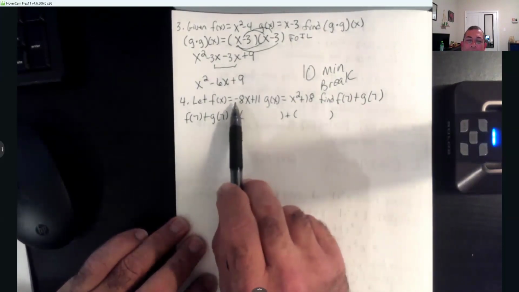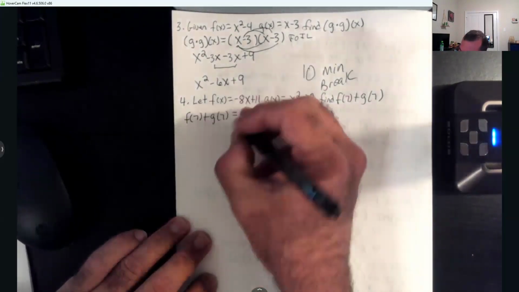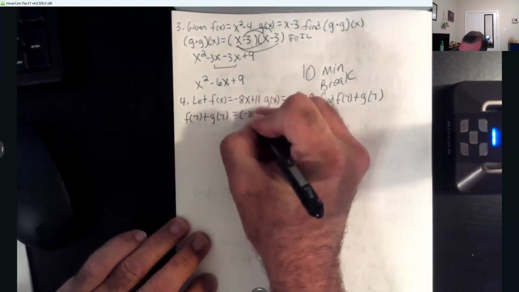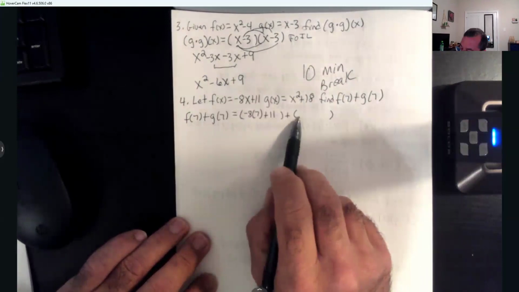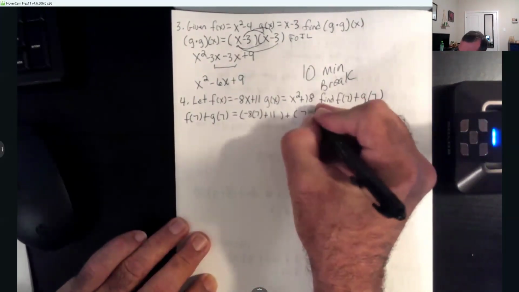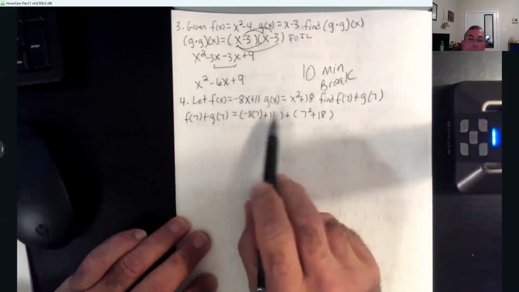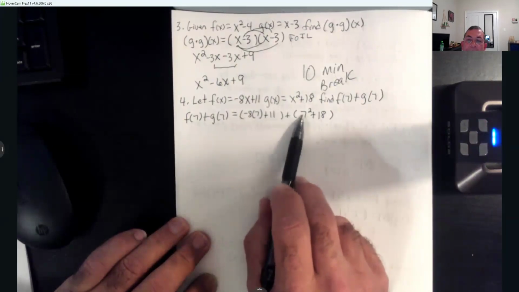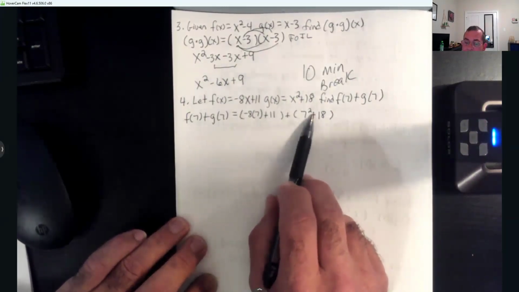So what we're going to put in is negative 8 times 7 plus 11. And then over here, we will put in 7 for the x. So this will be 7 squared plus 18. Now, if this was a negative number, I would put it in its own parentheses when I squared it, okay?